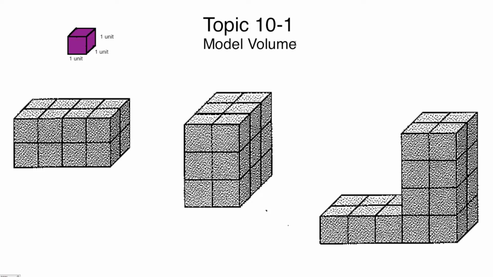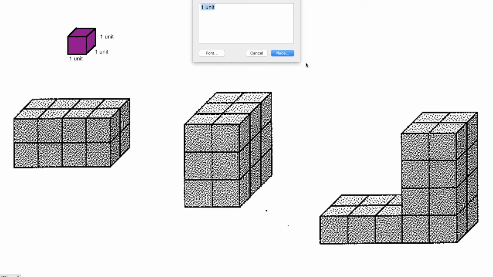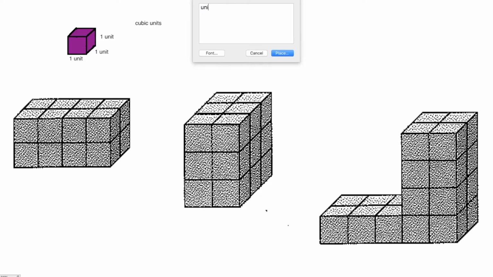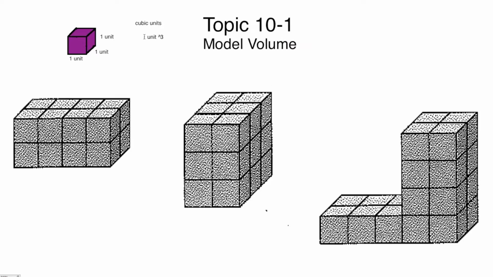Now, volume, as you can see right here, is how many of these cubic units can fill up the space of a three-dimensional rectangular prism. And your answer, because volume is three-dimensional, it's either going to be cubic units or units cubed, or to the third power.